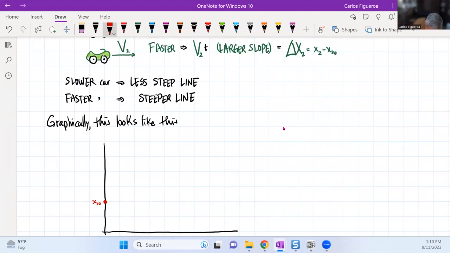Then this car moves over to here, and this distance here is x1. I want to avoid drawing too many lines, but if I connect these two dots, I'm going to have a line that looks something like this.